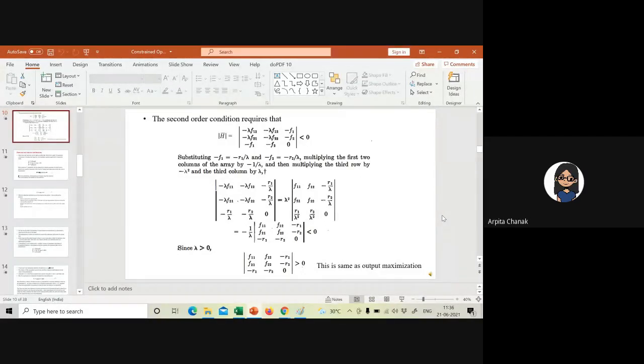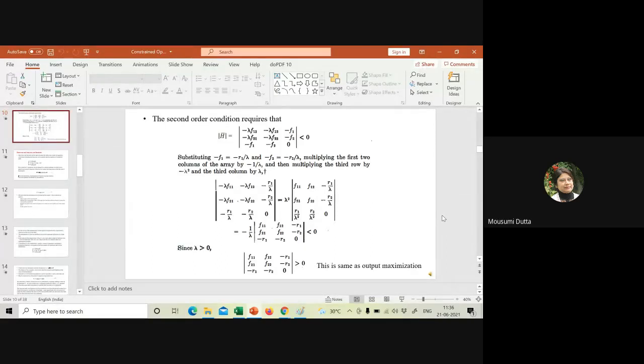Yes, ma'am. So last time we stopped with this slide, where we considered the duality between the production and the cost mechanism. We started with output maximization, and then we introduced cost minimization, and showed that these two numerical exercises give us the same second order condition.